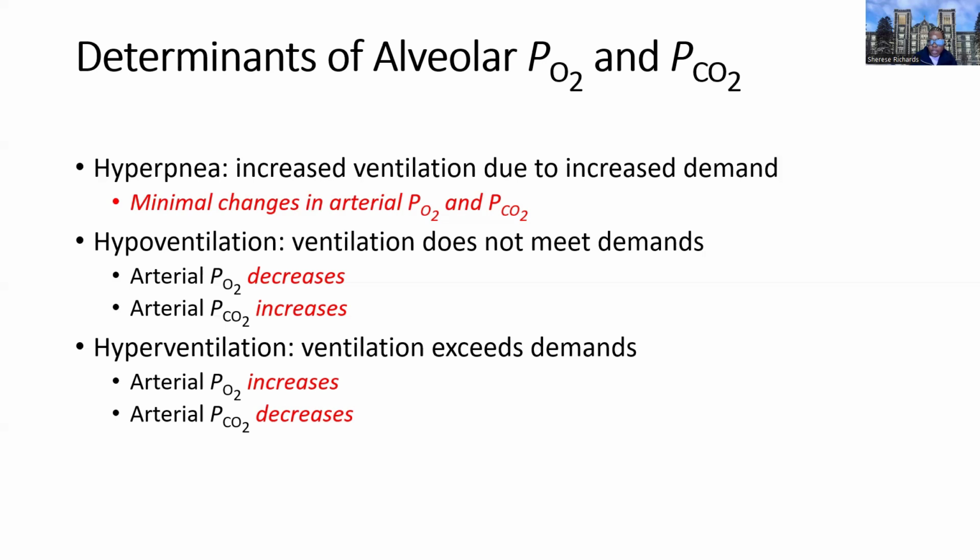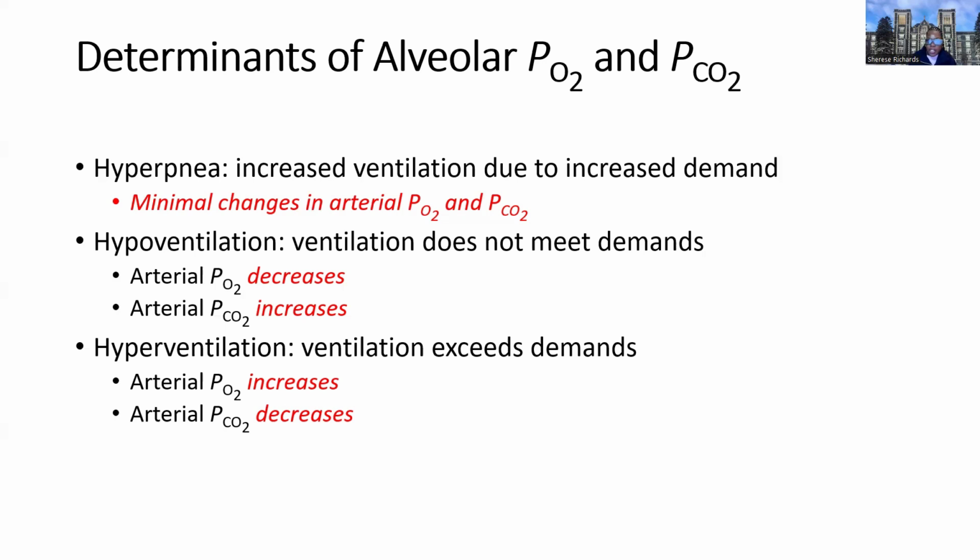So oxygen partial pressure decreases, CO2 partial pressure increases because you are using oxygen faster, delivering CO2 faster than your ventilation rate can match. The other term here, hyperventilation, this is when your ventilation exceeds your demand.